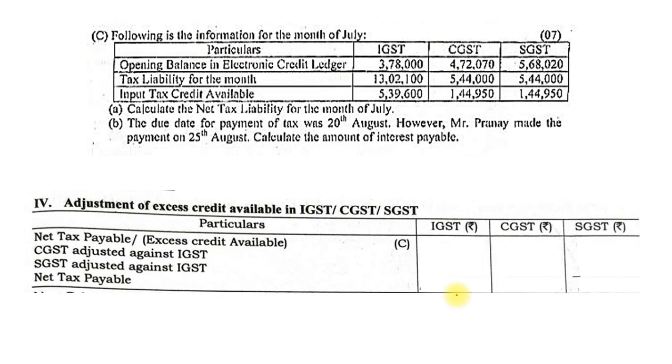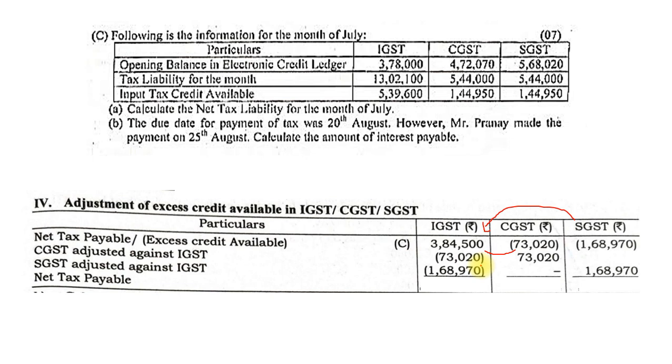First of all, whatever was the balance we had got, 3,84,500, negative 73,20 and negative 168,970. Step number 1, I will adjust CGST for IGST. So this 73,20 I will subtract from IGST. Next 168,970 I will use that also to clear out IGST. Okay, so CGST also SGST also becomes nil.